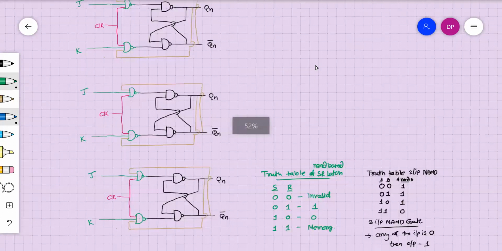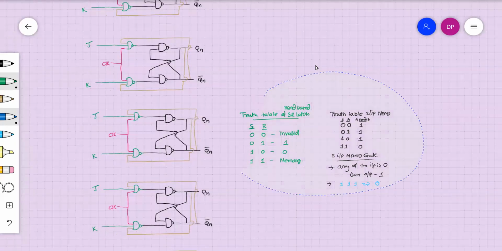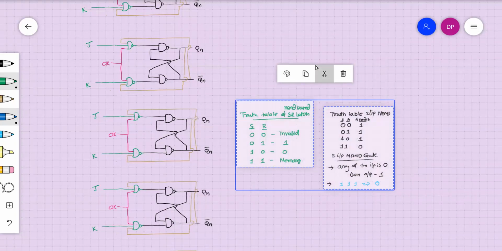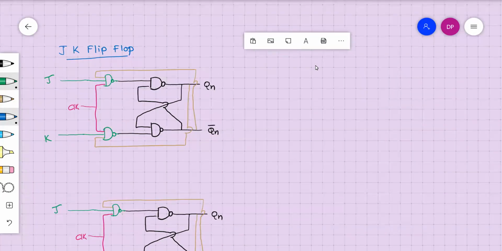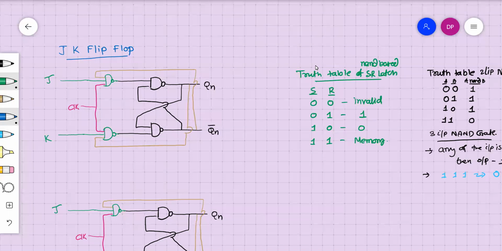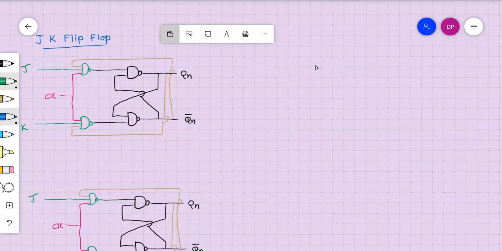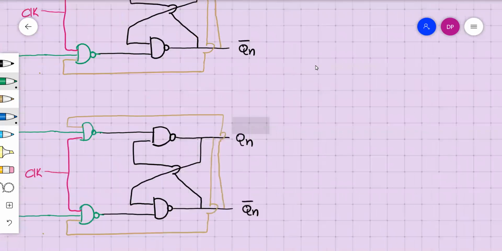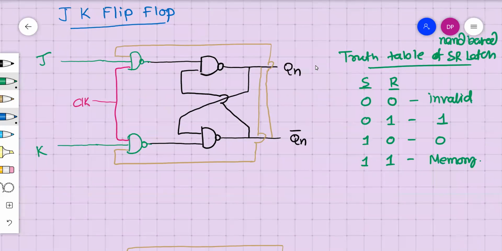So let me copy this. Now see, we would like to make the truth table of the JK flip-flop considering the clock and the previous or present output Qn.